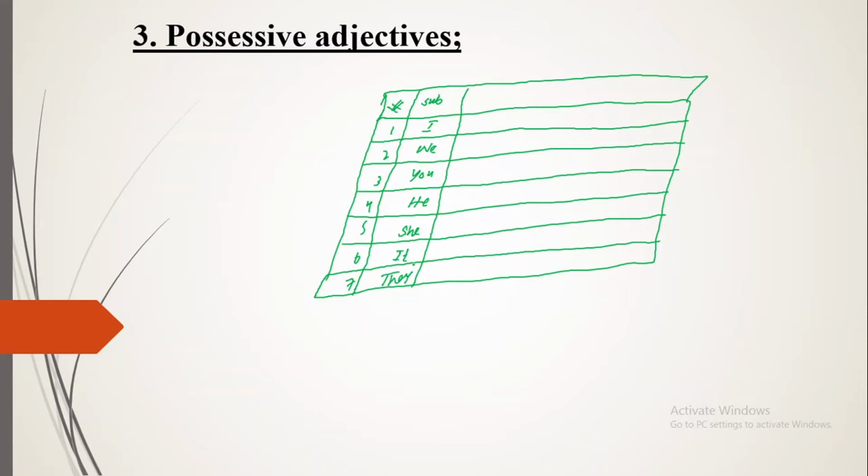The second one was the objective case, like me, us, you, him, her, it, and them. In subjective cases we do something in a sentence, and in objective cases something is done.